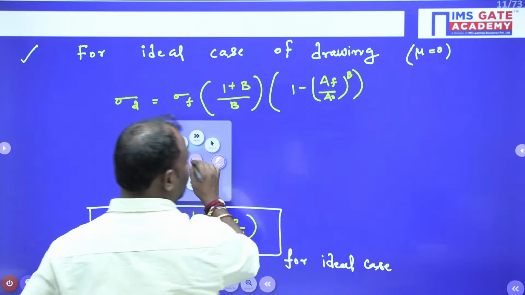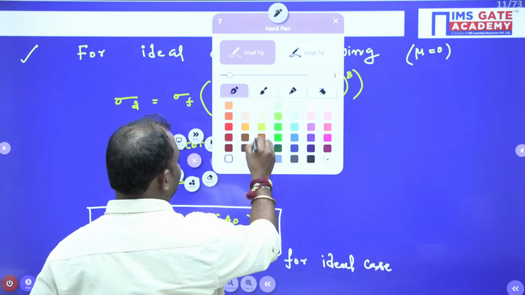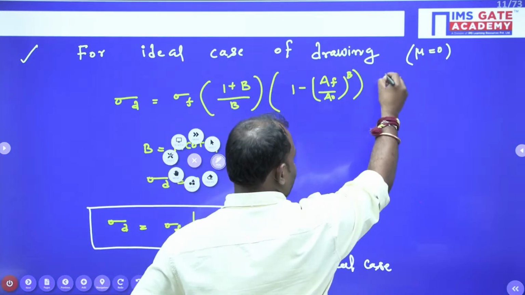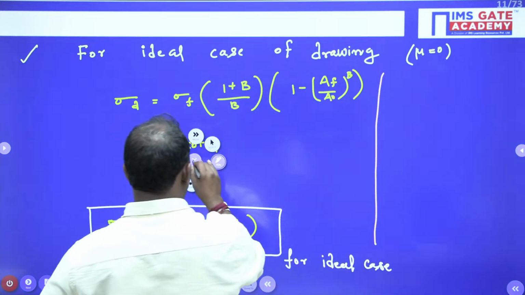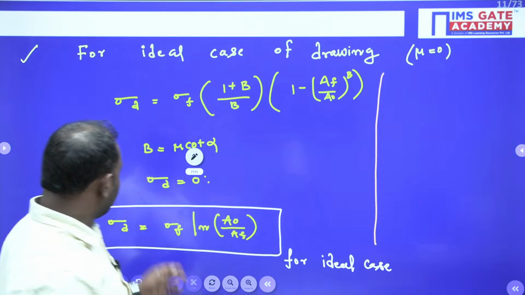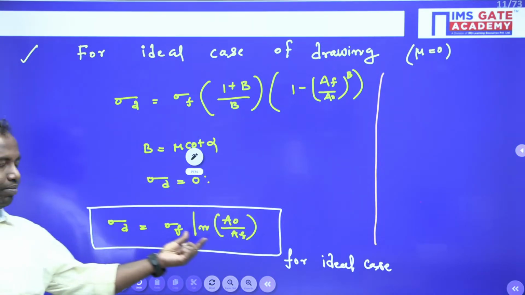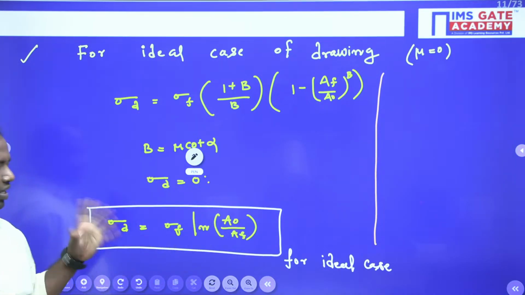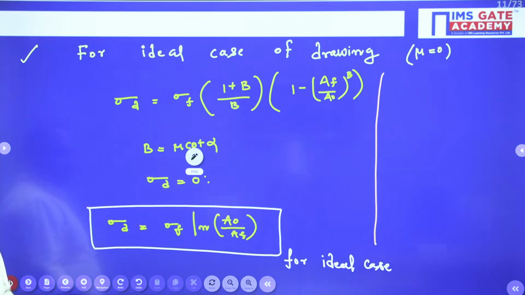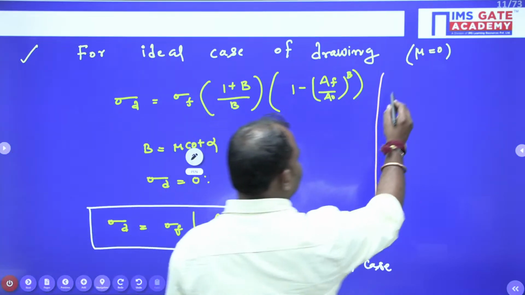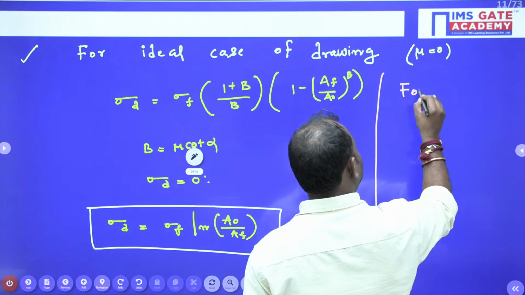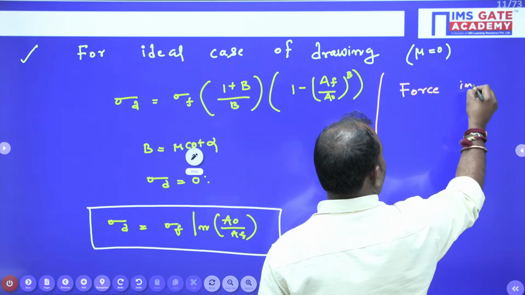One more thing here, and then I will conclude: the force in the ideal case. Sigma d you calculate using this formula, and then you calculate the force for the ideal case.